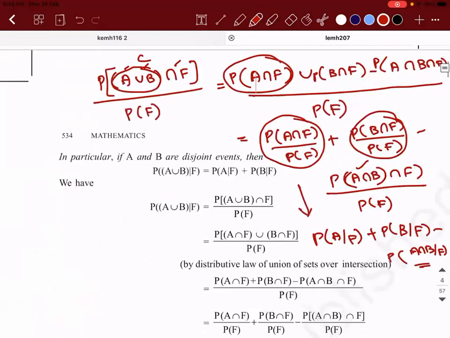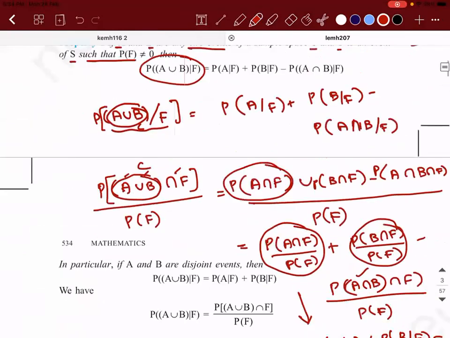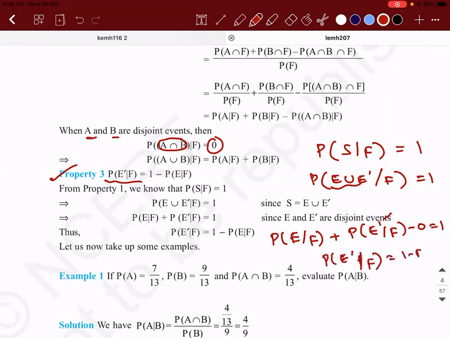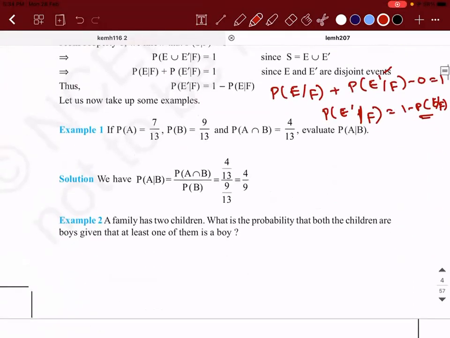So it will be probability of E given F plus probability of E dash given F minus 0 is equal to 1. So probability of E dash given F will be equal to 1 minus probability of E given F. So these are the three properties that you need to know to solve the problems in this exercise.